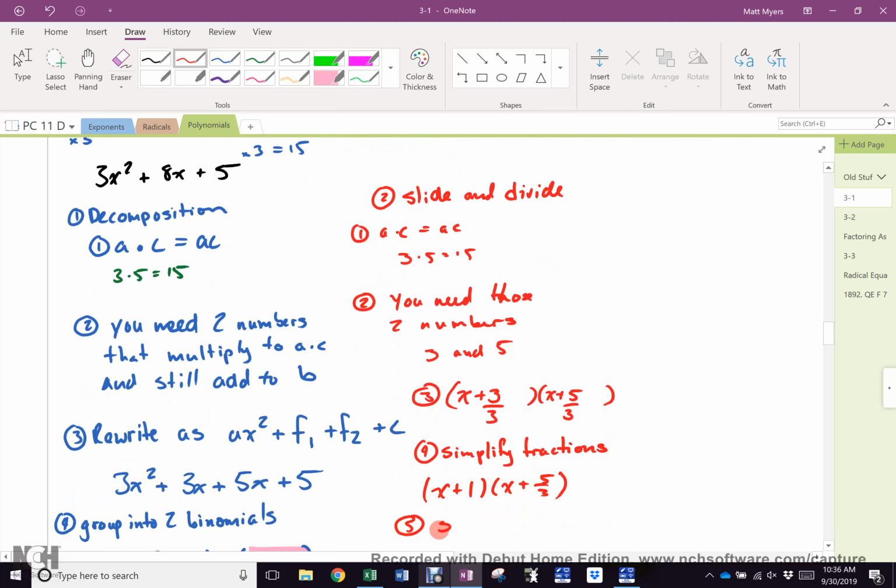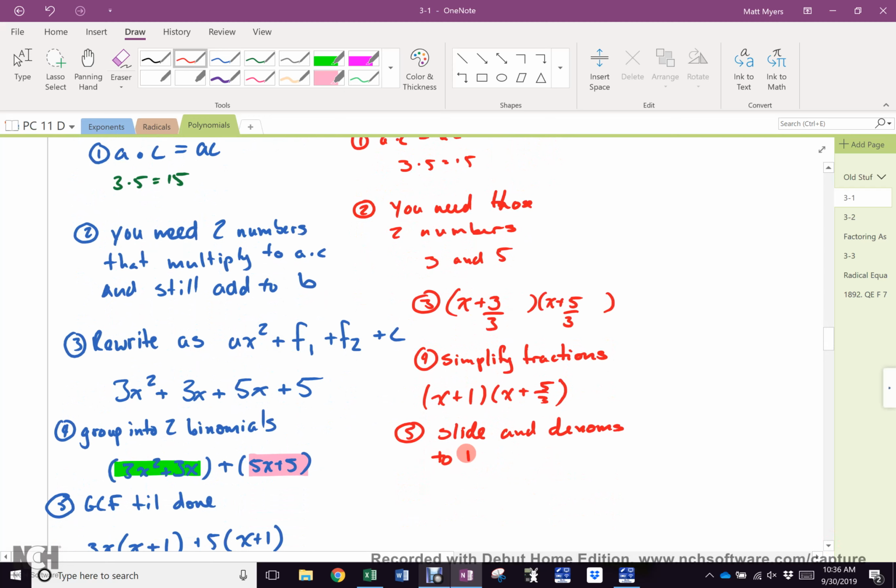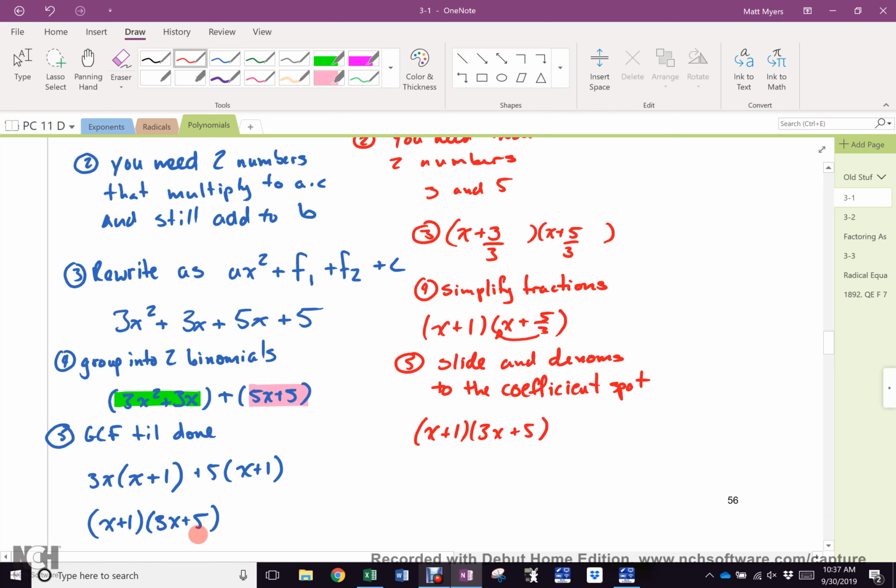And step 5, slide any denominators to the coefficient spot. So, x plus 1, no denominator. There's the denominator. It slides to the front, 3x plus 5. And you see, we ended up with the same answer. Everybody cool?